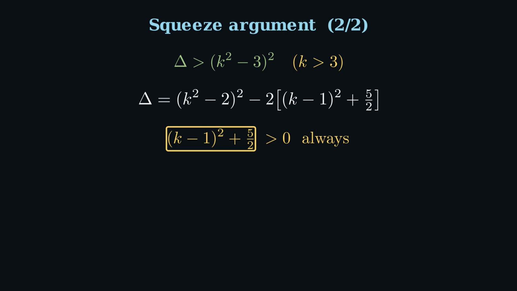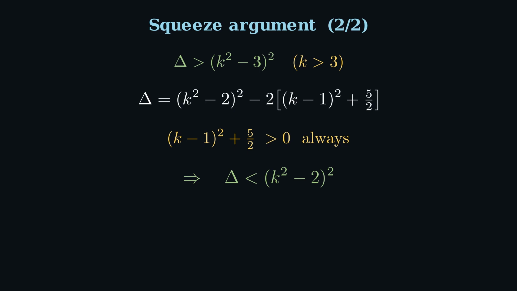Because we have a square inside and we're just adding something to it. So we're always subtracting a positive number. And so delta is always less than this, because this is what delta is equal to. So we know that delta is always strictly less than k squared minus 2 squared.